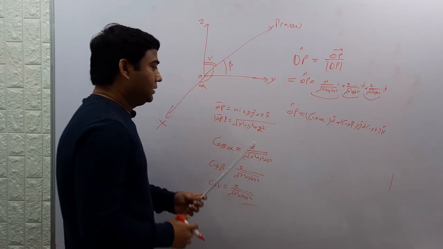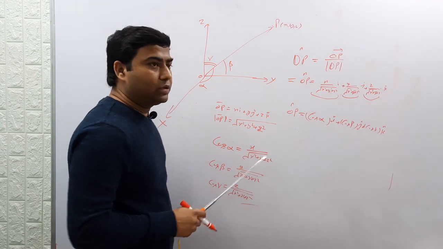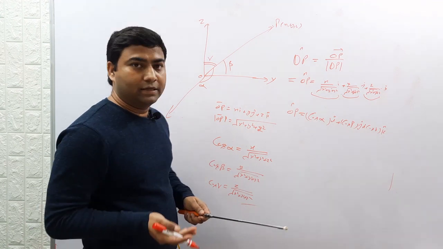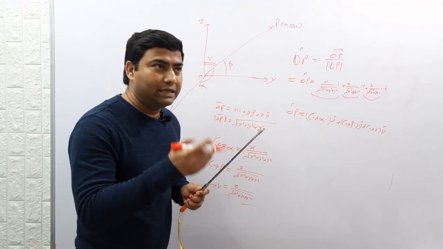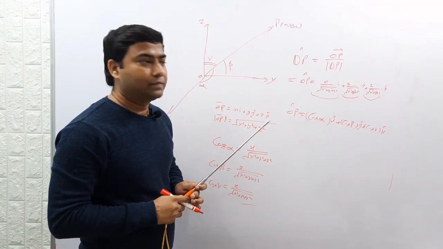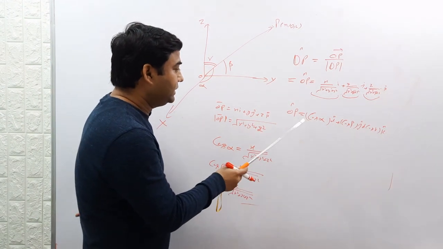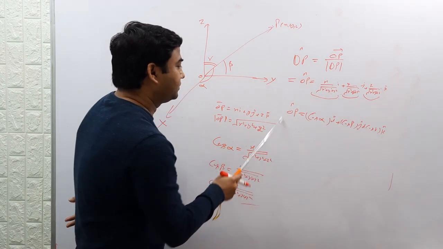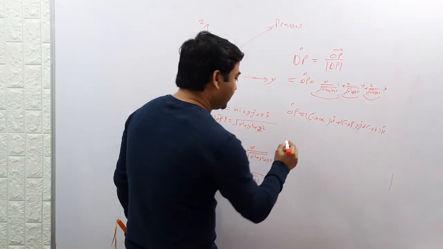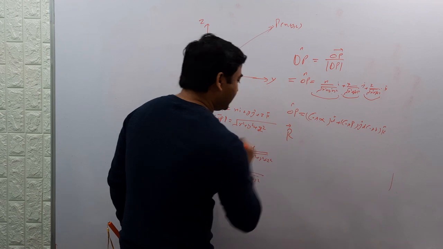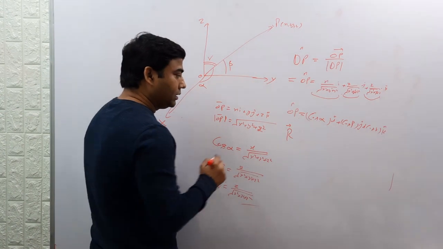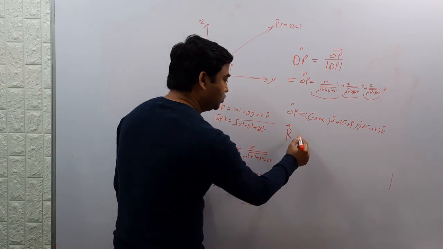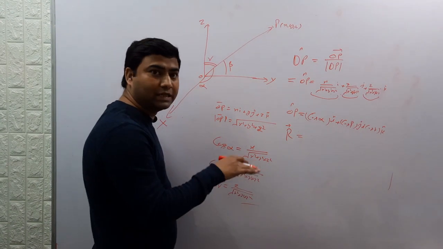So this is a principle you can remember: the unit vector in the direction of a given vector can be represented in terms of the cosines of that vector in this form. So any vector R can be represented in terms of its unit vector and its cosines.